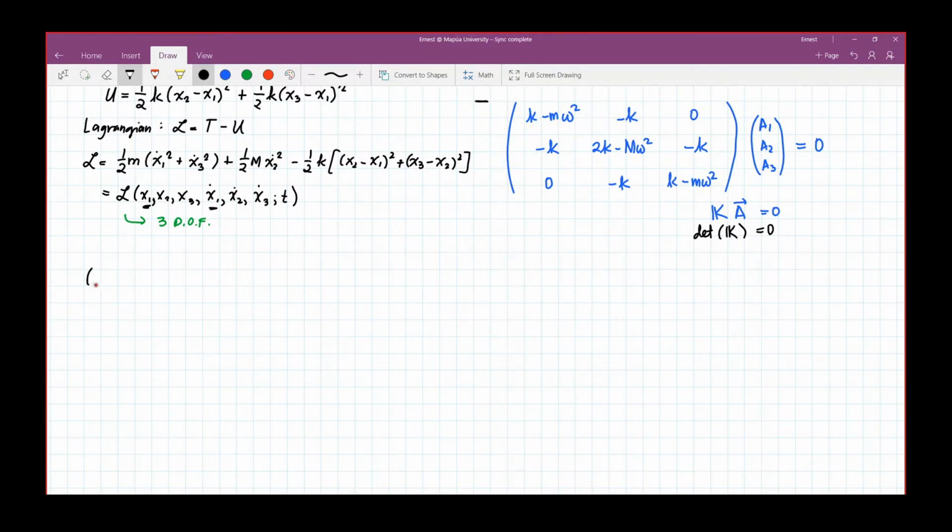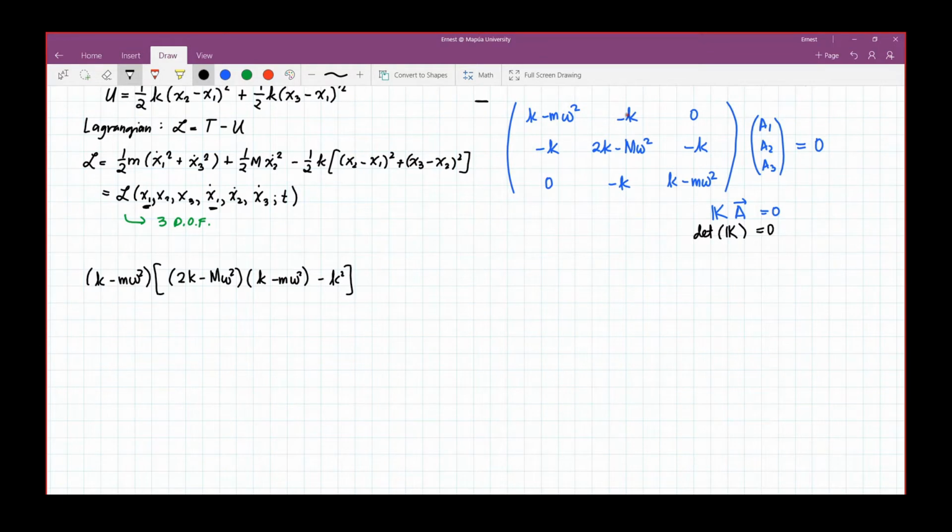So this is K minus M omega squared times this, minus times this. So this is (2K minus M omega squared) times (K minus M omega squared) minus K squared.